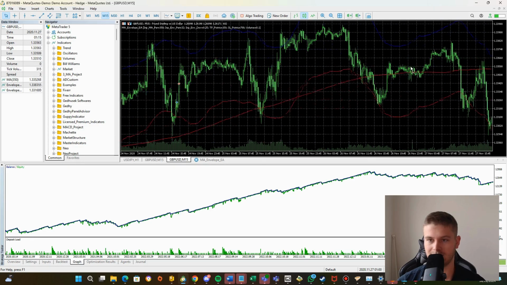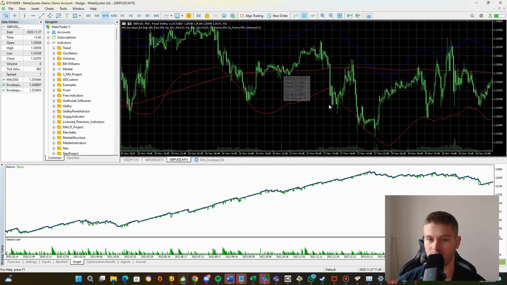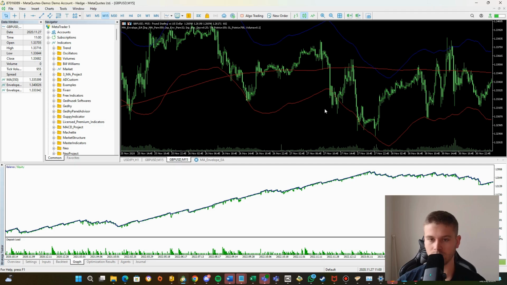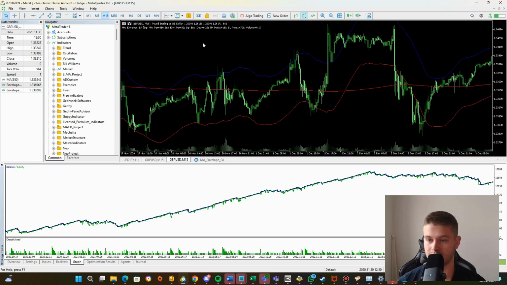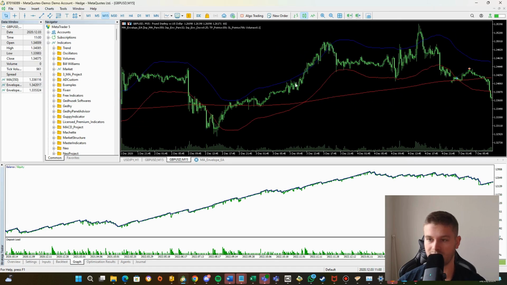When you are developing expert advisors, in the development stage, you don't need to focus on setting the right indicator values straight away. When you start with the development, don't worry about the indicator values, because then you can optimize them.